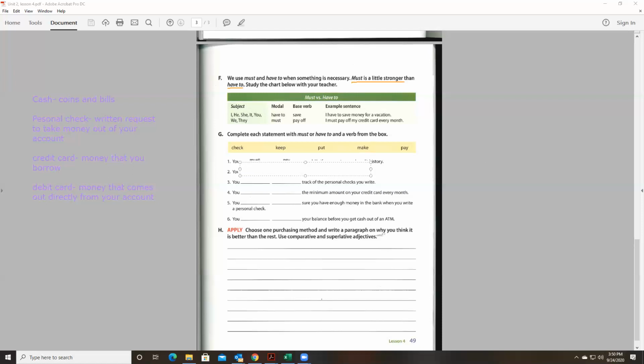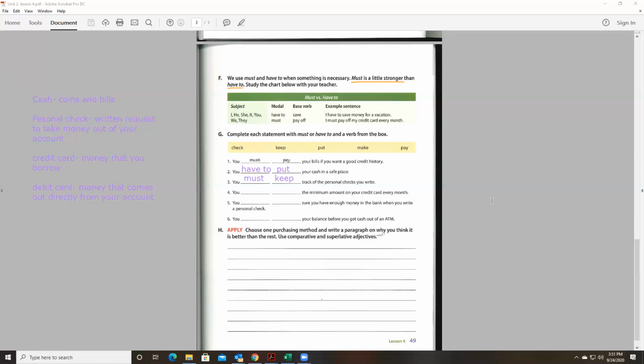Okay, so what we have is you have to put your cash in a safe place. Number 3, you must keep track of the personal checks you write.